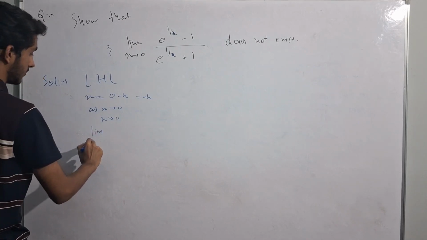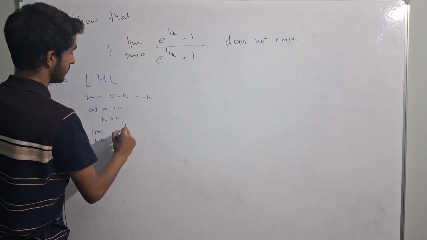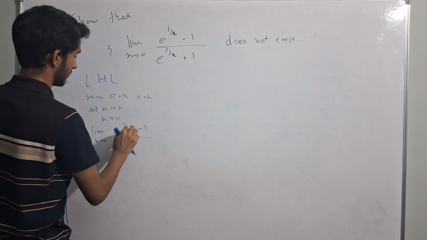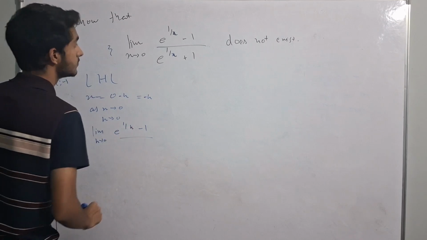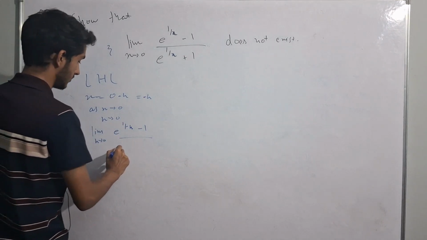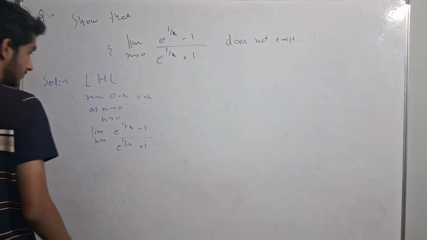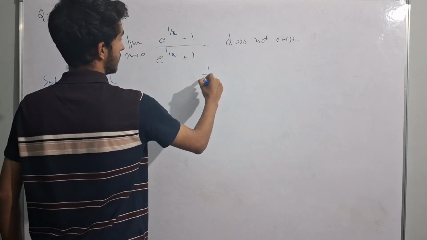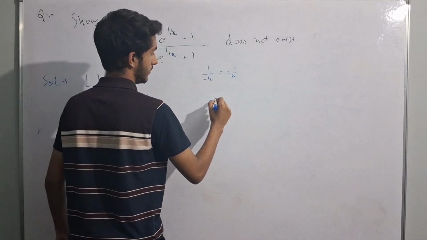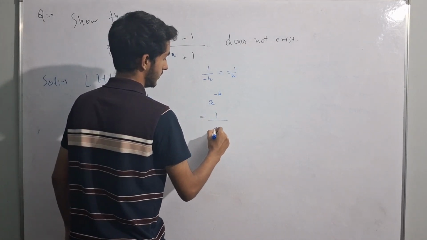So we get limit h tends to 0, e to the power 1 by minus h minus 1 upon e to the power 1 by minus h plus 1. So it's like 1 by minus h is equal to minus 1 by h. And let's say you get a to the power minus b, which is equal to 1 by a to the power b.